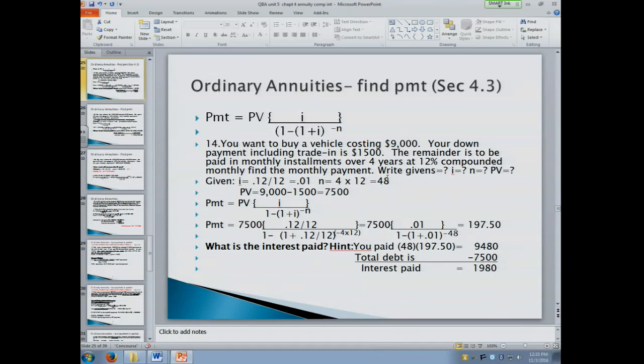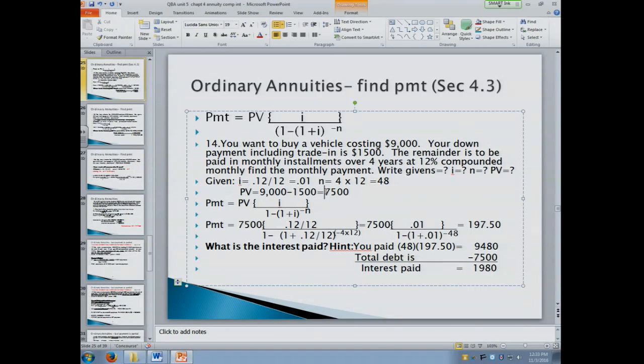Your present value, I want to start getting into real life situations. You're buying a car for $9,000. However, you're turning in your old car and you're adding some cash, so you're paying down the principal by $1,500. So your loan is only $7,500, or your present value is $7,500.